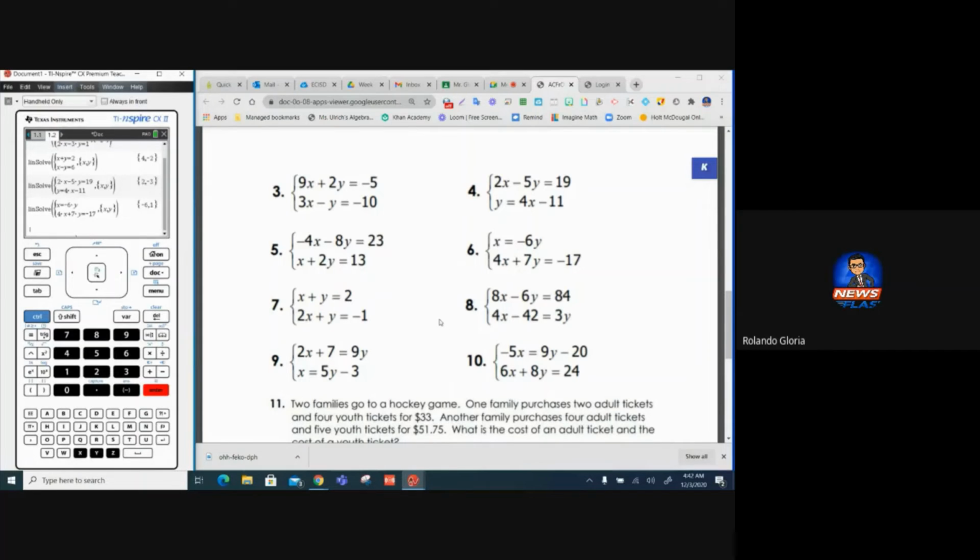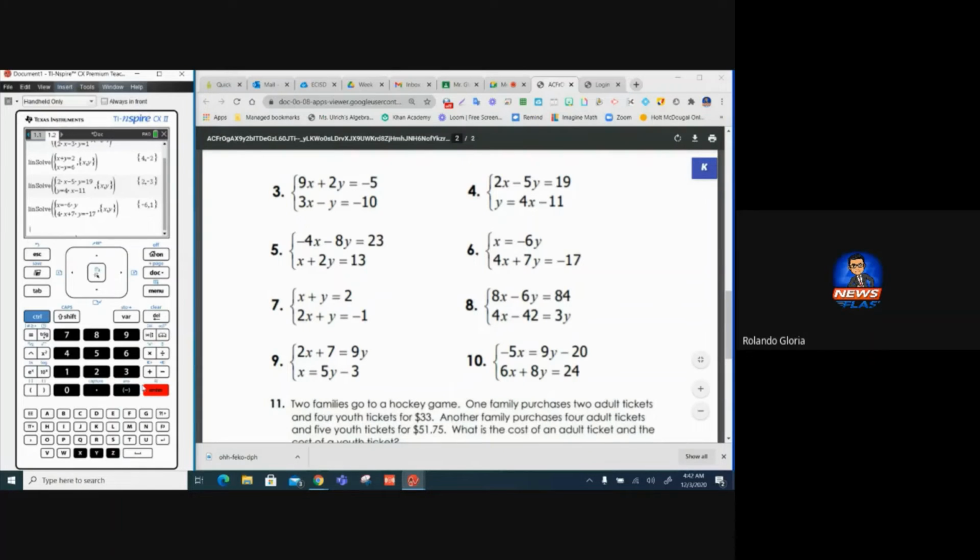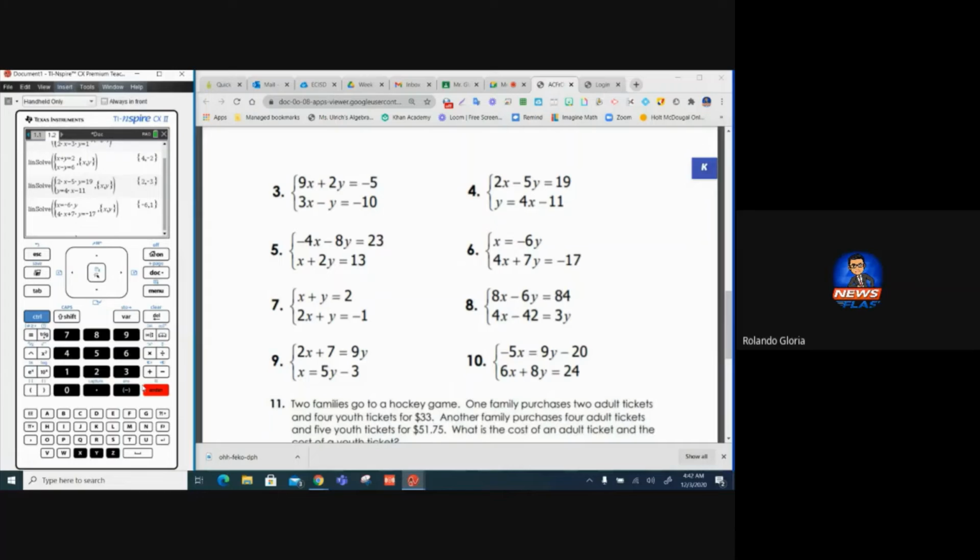There are some cases in which the LinSolve or the calculator will give you something like no solution, or infinitely many solutions. Let's say, again, menu 3, 2, enter. Let's say the system is x plus y equals 19, and x plus y equals negative, say, 15.